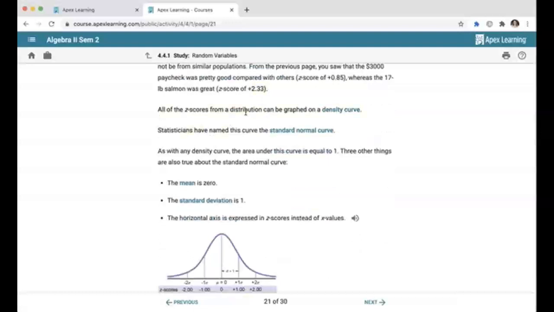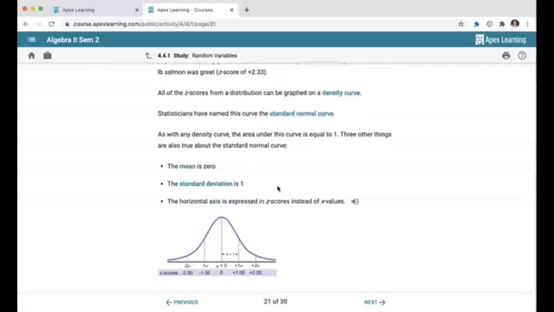So again, we can look at our z-scores from a distribution standpoint, and we can graph them and make our density curve. If we do that here, it changes the shape of the graph because now this becomes what we call a standard normal curve. It still has characteristics to it.